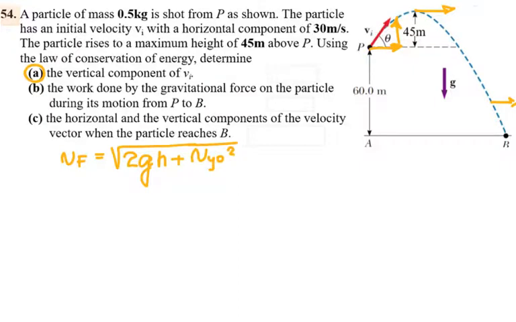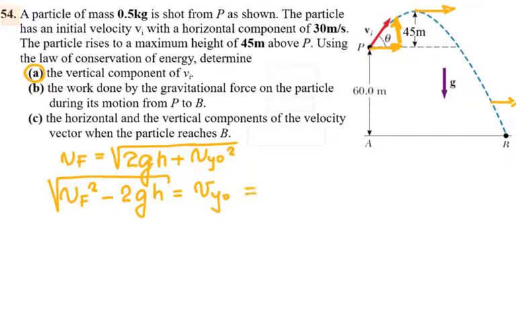And vy initial is the one that I'm looking for. So if I square both sides, I have v final squared, and I'm going to subtract 2gh, and that is equal to initial velocity squared. So if I take the square root of both sides, the square goes away.